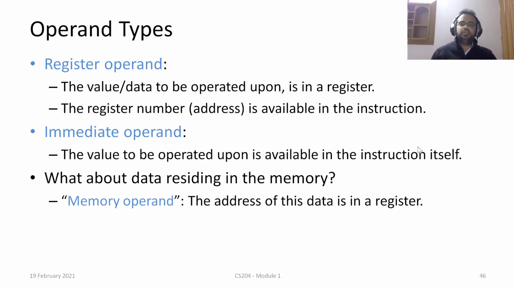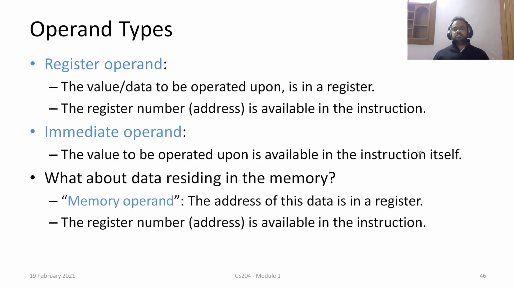In these memory operands, what basically happens is the address of this operand is available in a register, and just like the register operand, this particular register's number or address is encoded into the instruction. Now, what does the hardware do once it identifies that it's a memory operand?